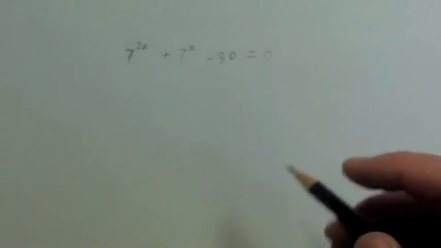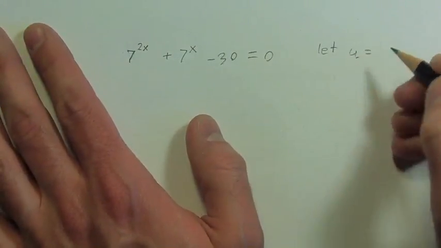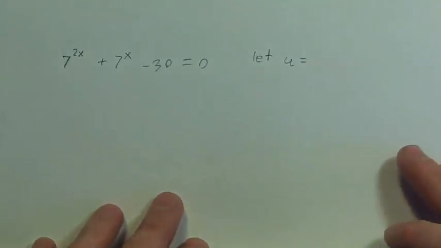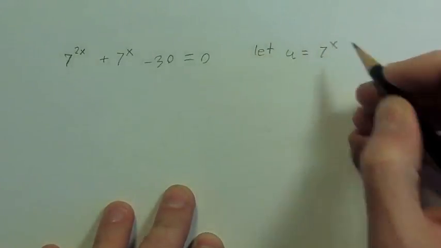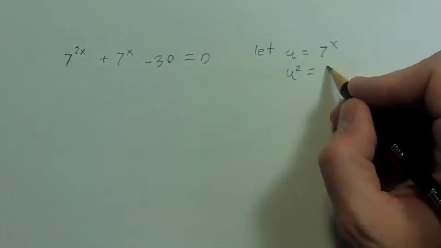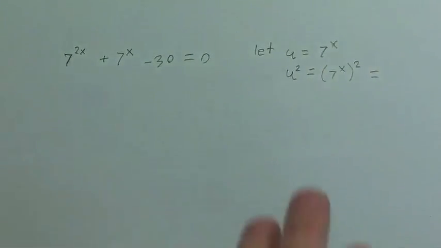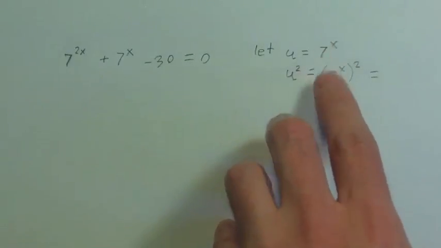If you let, let's say, u be equal to 7 to the x, and then I look at u squared, that would be 7 to the x all squared. And what do you do when you have something to a power?